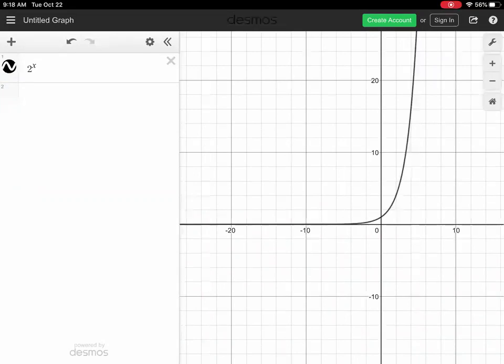So we've got the domain, all real numbers from negative infinity to positive infinity.